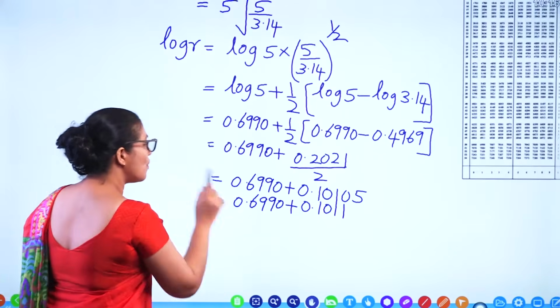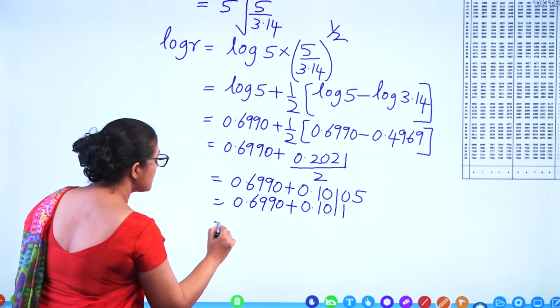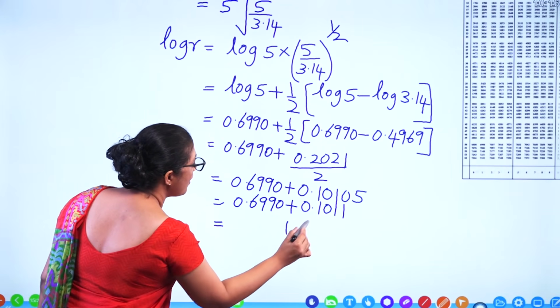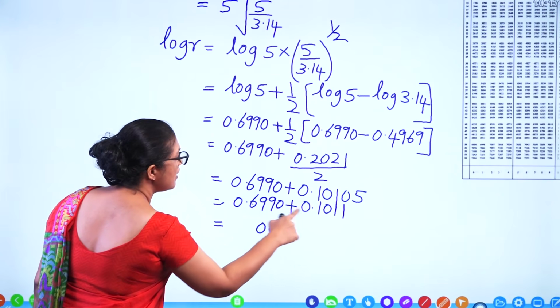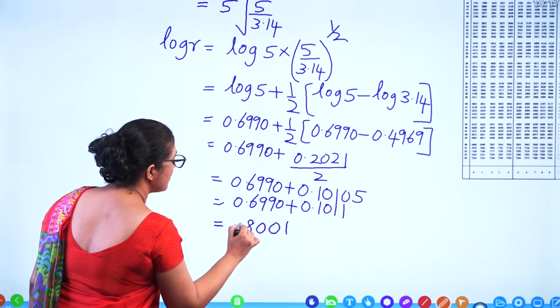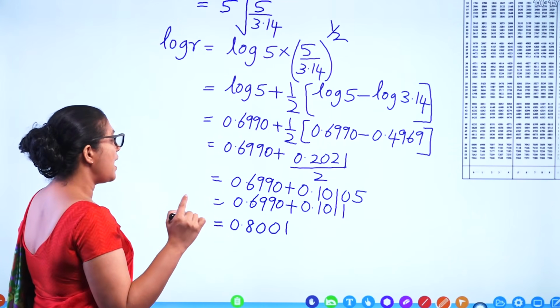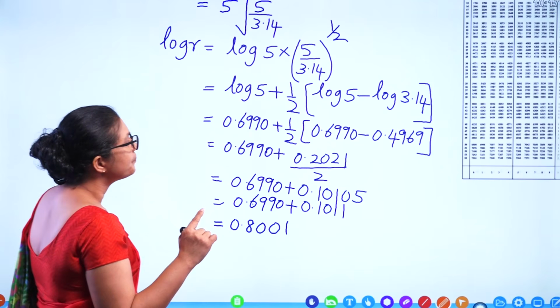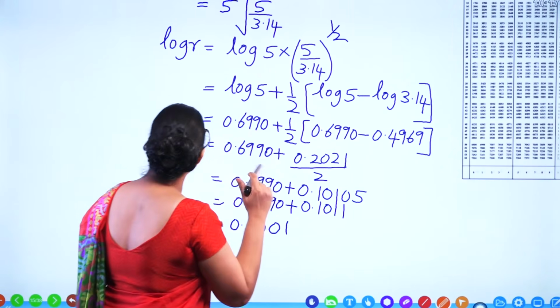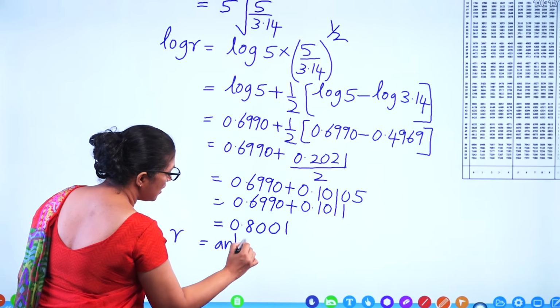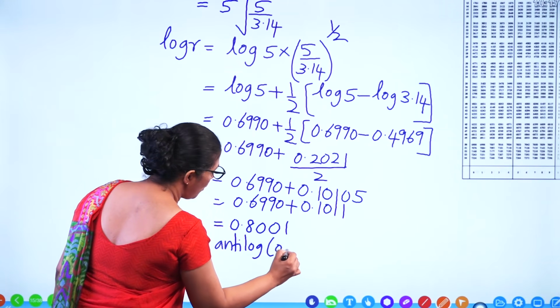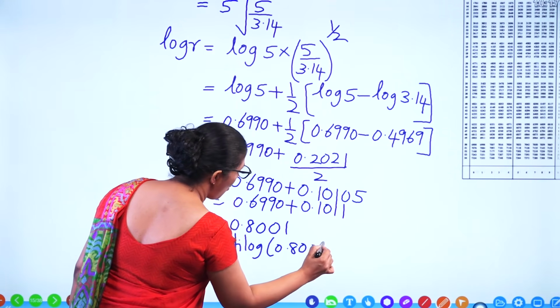What's the addition now? Addition becomes 0.8001. Now you have to refer antilog. Antilog of 0.8001.